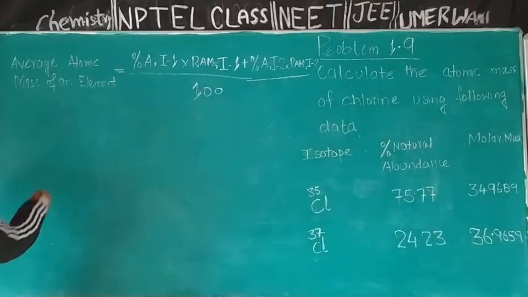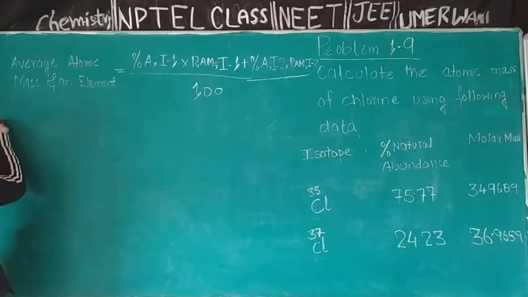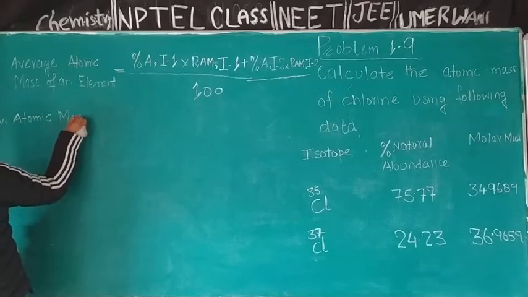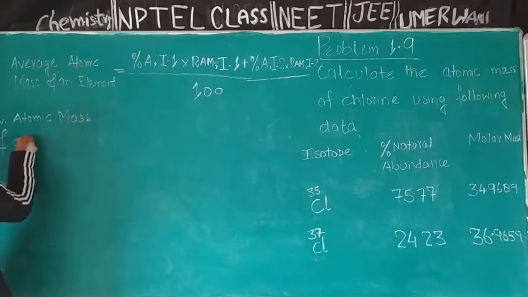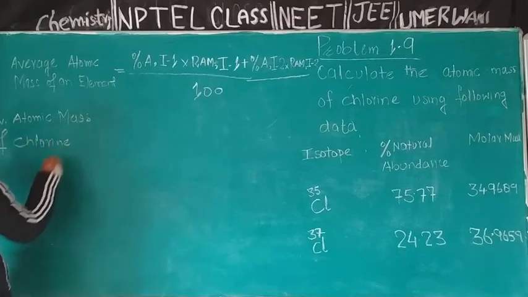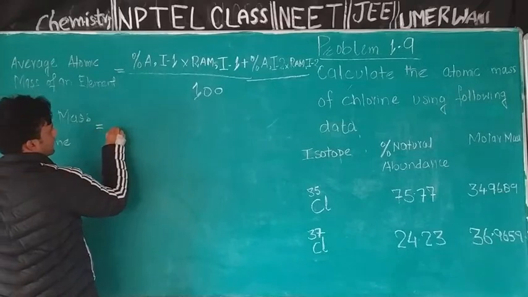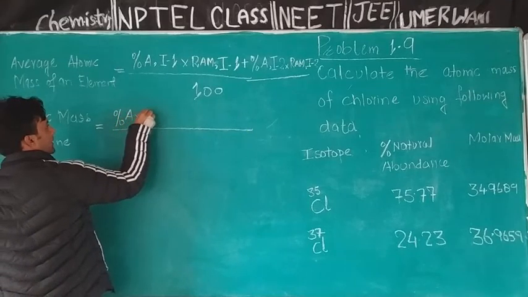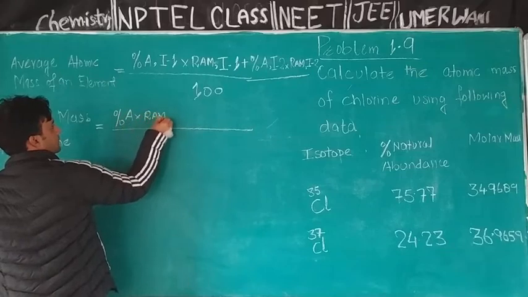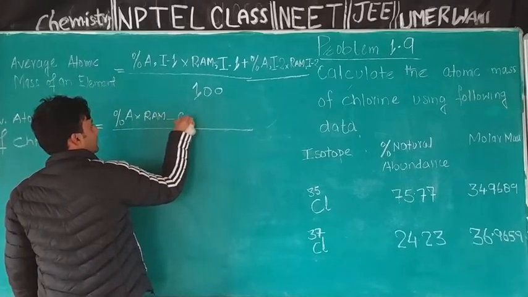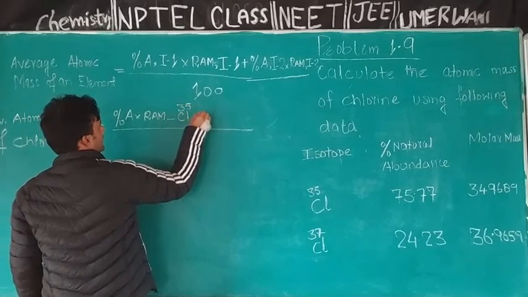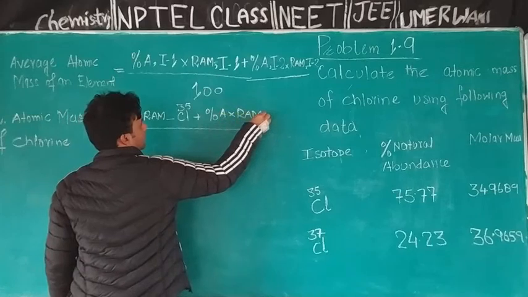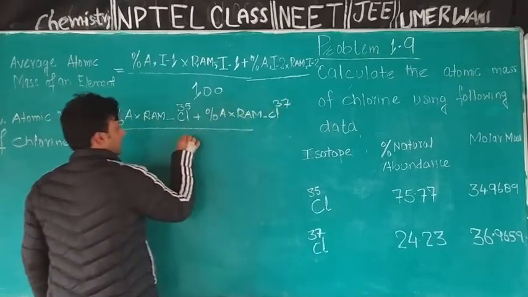Here the element is chlorine, so the average atomic mass of chlorine will be the product of percentage abundance and relative atomic mass of chlorine 35, plus the same for chlorine 37, divided by 100.